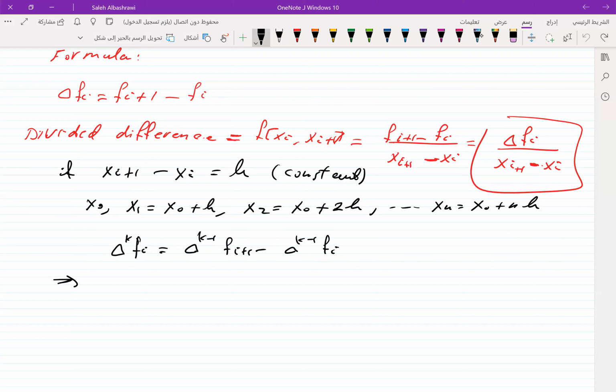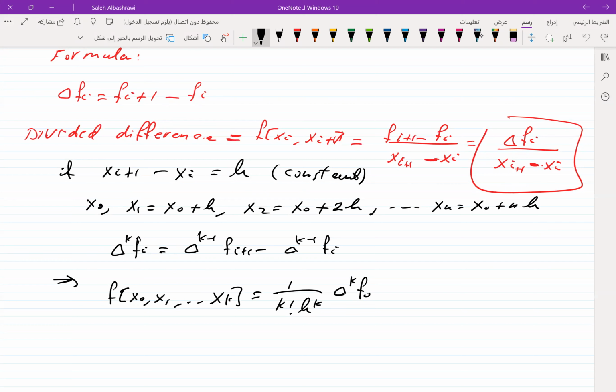This will give me the divided difference f[x0, x1, up to x_k], which can be written as 1 over k factorial times h to the power k, multiplied by delta to the power k applied to f0.